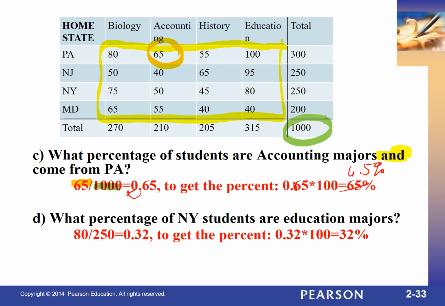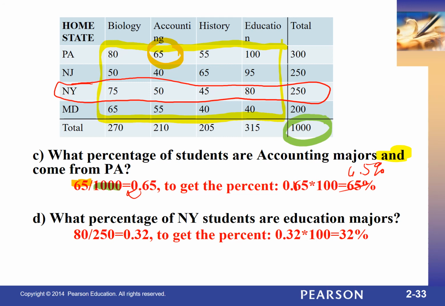Anyway, moving on. Next we're going to look at, hey, what percentage of New York students are education majors? So this is not a joint. I'm only looking at New Yorkers and asking, hey, what are the education majors? So in a way, I'm basically ignoring the rest of the table and just looking at this value for home state. When you do that, you are forming a conditional distribution. This is called a conditional probability.